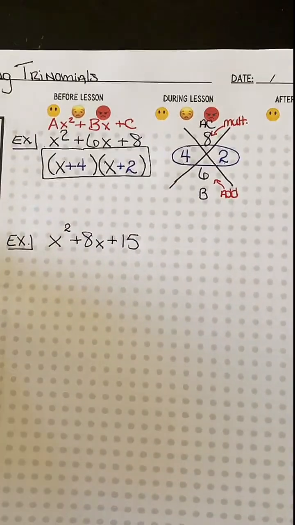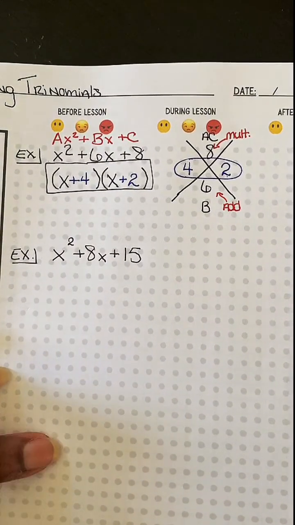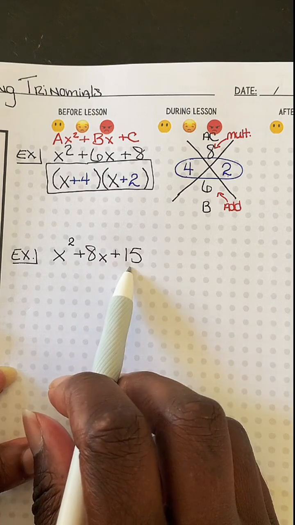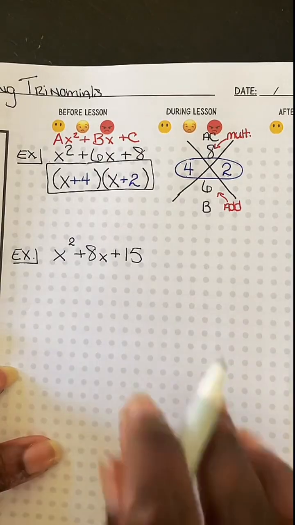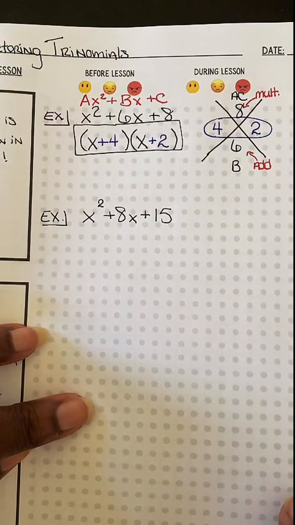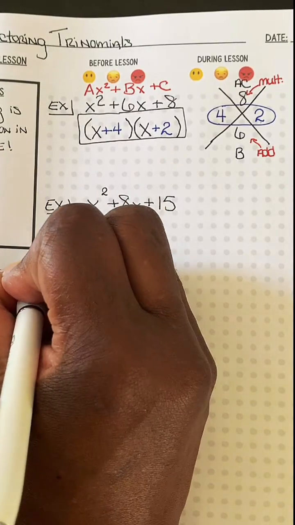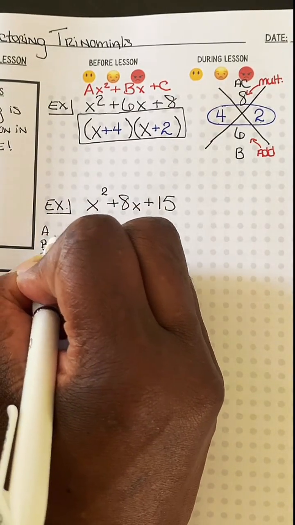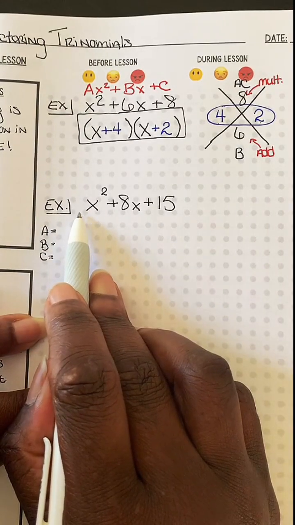So I'll try to leave this one up here as a guide. We have x squared plus 8x plus 15. If it helps, because sometimes I like to do this, I like to just off to the side list what is my A, what is my B, and what is my C. The A is always the coefficient of your x squared.